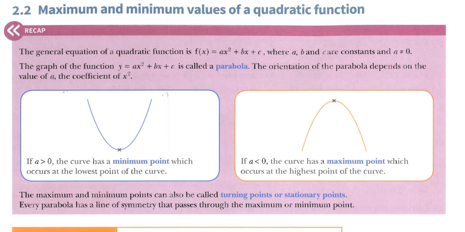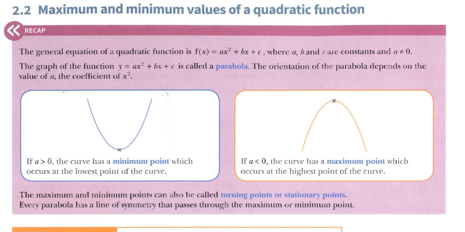If a is less than 0, it means the coefficient of x square is negative, because anything less than 0 is always negative. Then the curve has a maximum point, which occurs at the highest point of the curve. So there are 2 points, one minimum and one maximum, in each parabola.